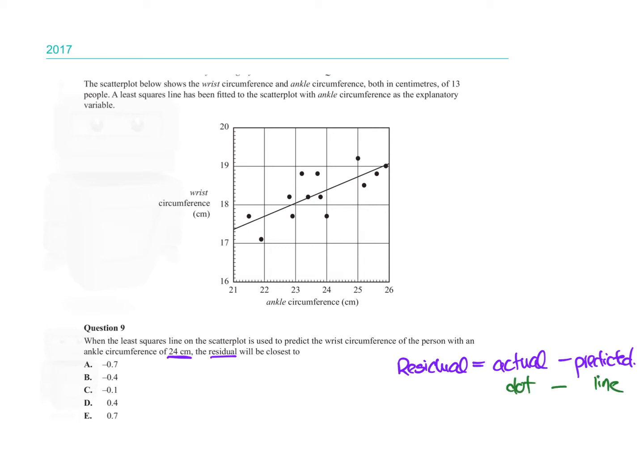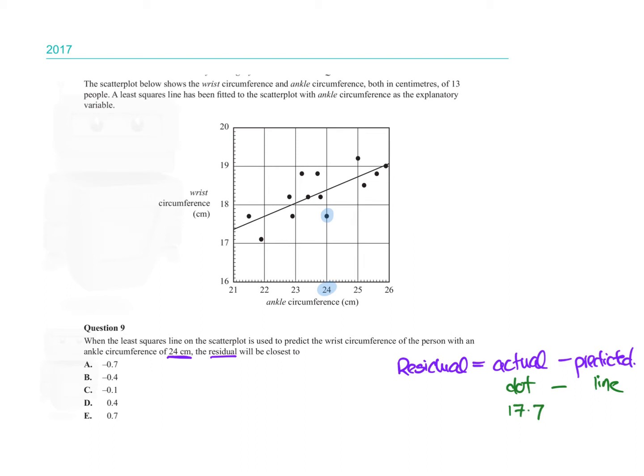So if you go to 24 here, you can see there's the actual. So you could read off what it actually is. It's got a Y value of 17.7. So we're going to say 17.7 over here.